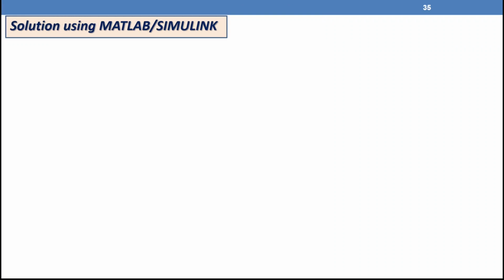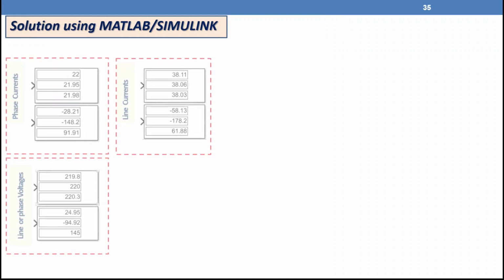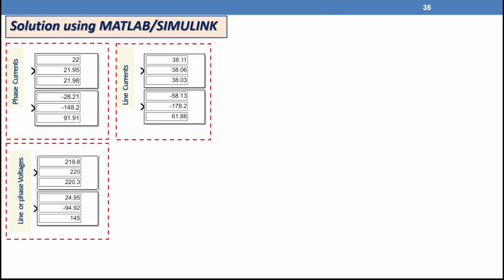So what are the results from the MATLAB Simulink? If we look here, we have phase currents 22 ampere and the angle minus 28.2, and the currents for phase B and C are shifted 120 degrees and have the same amplitude. Regarding the line current, they are 38.1 and minus 58.13. If we multiply 22 by root 3, you are going to find 38.1 ampere.